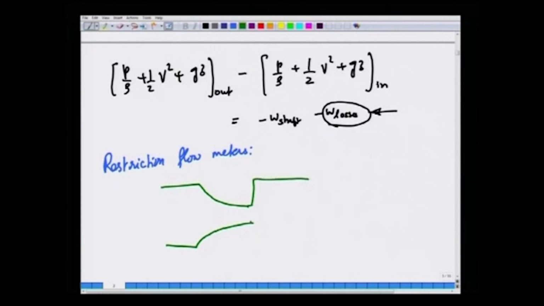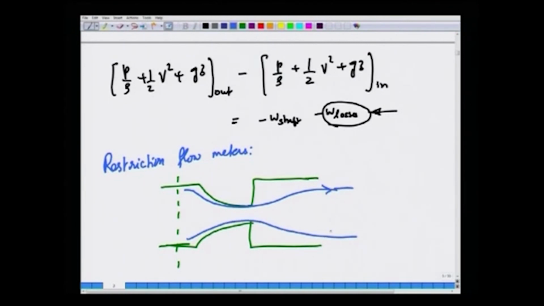You had a gradual contraction and an expansion. So, essentially fluid is flowing like this, eventually occupying the full region. So, there are recirculating zones like this on both sides.